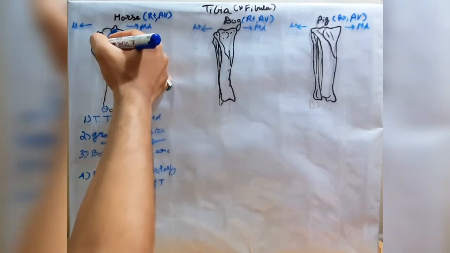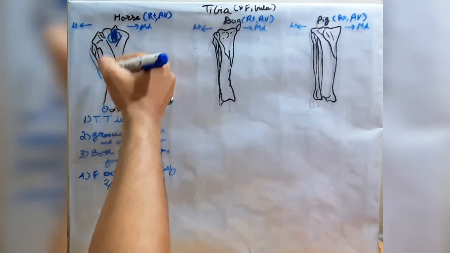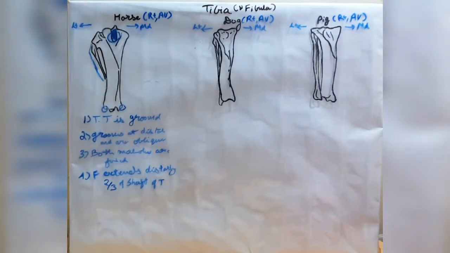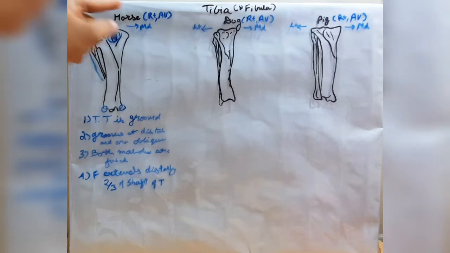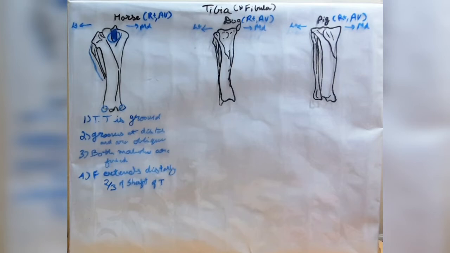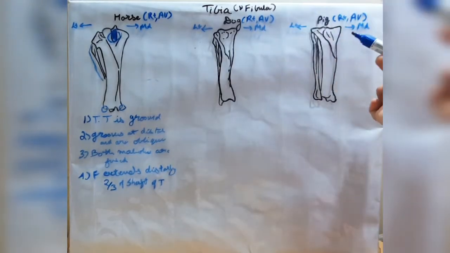Okay, so you can see this is the fibula. This is the fibula, and it extends up to 2/3 of the shaft of tibia. And remember one thing, that fibula is present at the lateral aspect of the tibia, and I hope you've been paying attention here that I've written something. What is it? Right tibia anterior view in dog and pig as well.